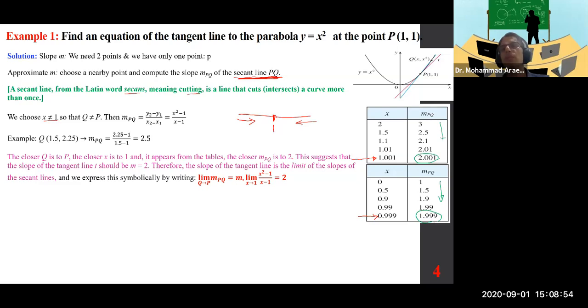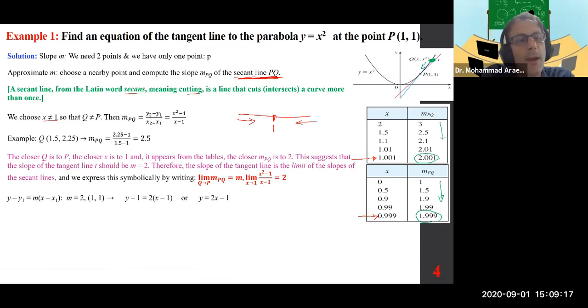Remember, Q is a point on the graph. So take a look at the point Q at the top here, that it's not at 1. It's just close and it's getting closer. So in this case, it's moving this way, okay? So according to this, there seems to be a number 2.